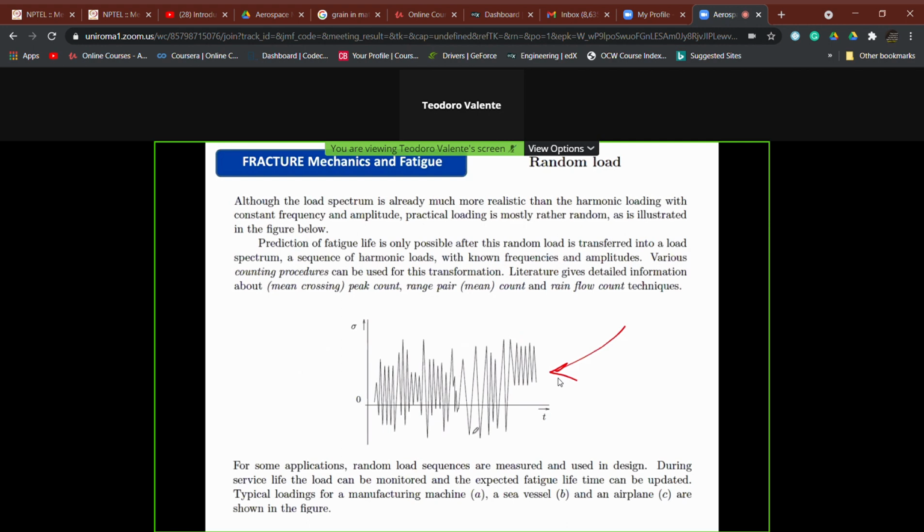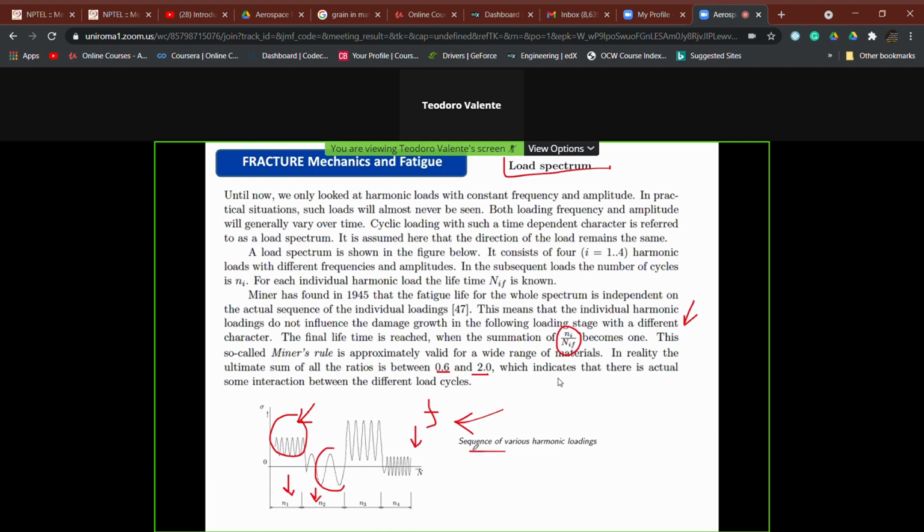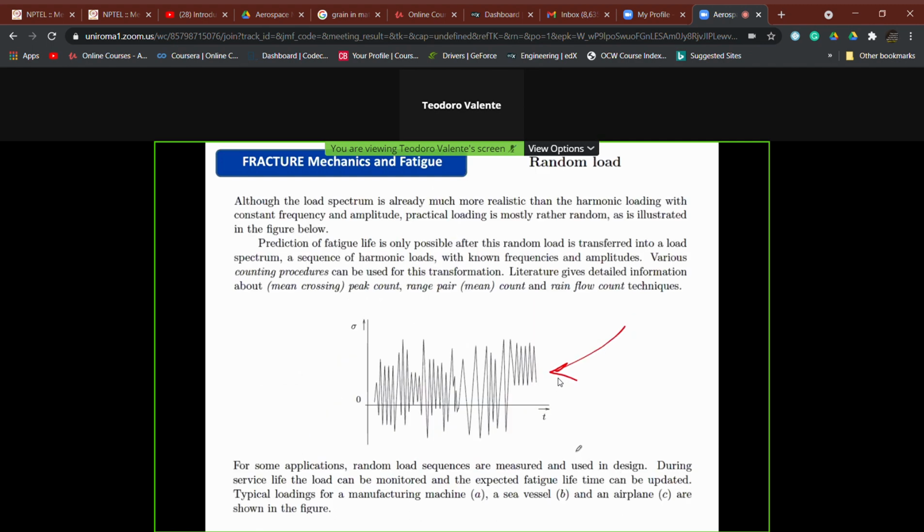There are many counting procedures which are based, for example, on the peak count, the range pair count, the rainflow count techniques. But by mathematical modeling, we are able to transform this random load into something which is very similar to a sequence of harmonic loadings, thus allowing us to use the equations that we have seen.